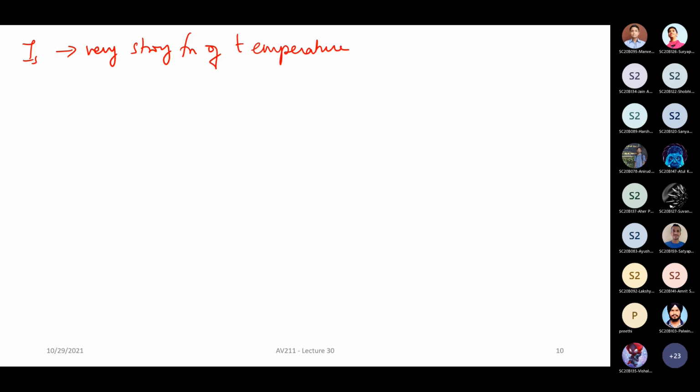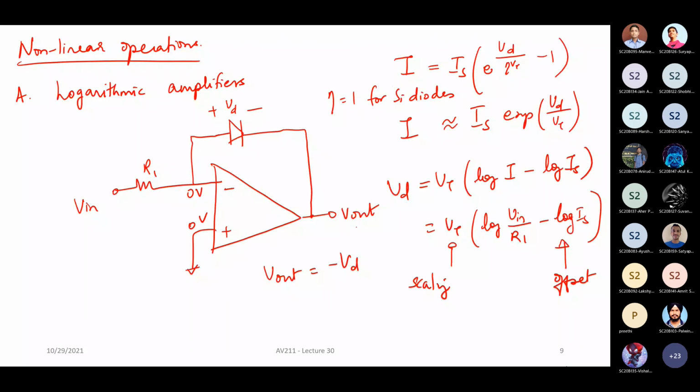Now what to do about this? Because Is is a temperature dependent term, as Is changes, this offset term also keeps changing. So you cannot say, okay, I'm going to just calibrate at one point.